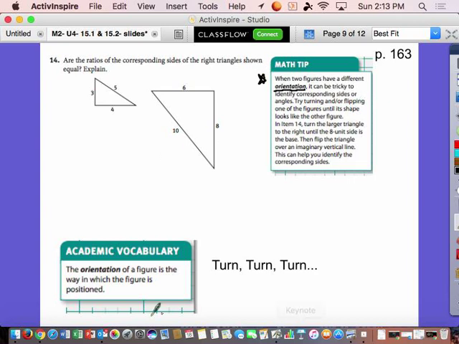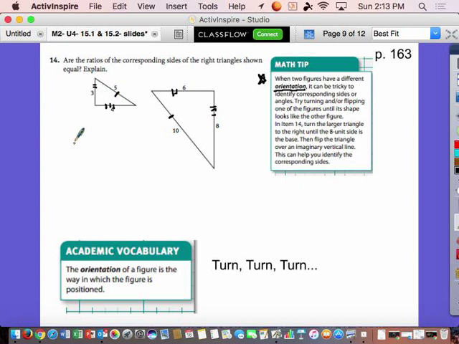Orientation just means they flipped it around, and I put turn, turn, turn. So the orientation of a figure is the way it's just positioned. I could flip that triangle right back over, right? And we know that this part, the slope part, is that. And we know that this part right here, if I turned this around, would be that. And this part right here would be that. So let's see if these are equal.